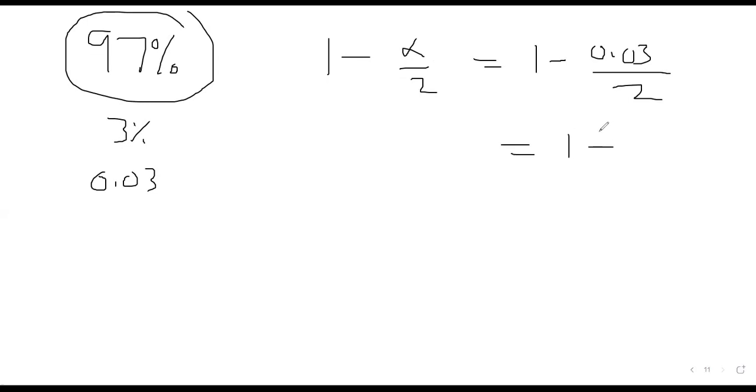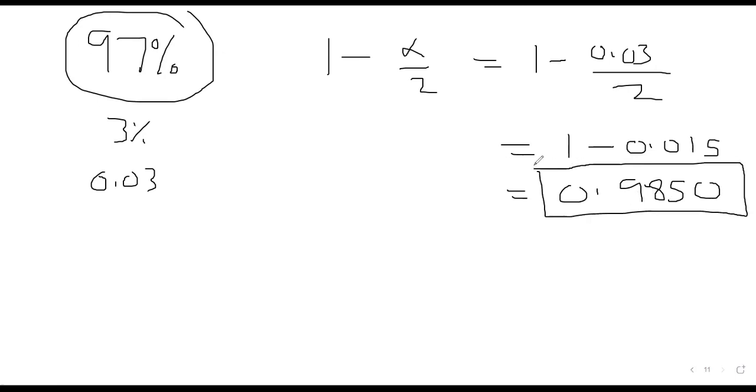Use BODMAS because sometimes people will do everything correct but get misled because they're abusing the calculator. So when you subtract 1 minus 0.015, it will give you 0.985. Since we can add a 0, we get 4 numbers like that.